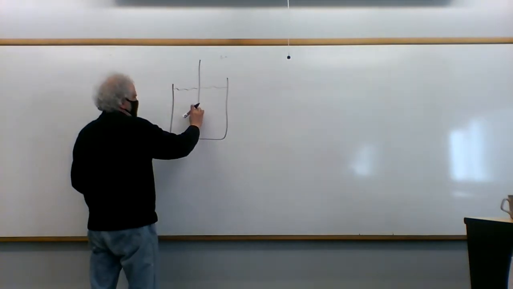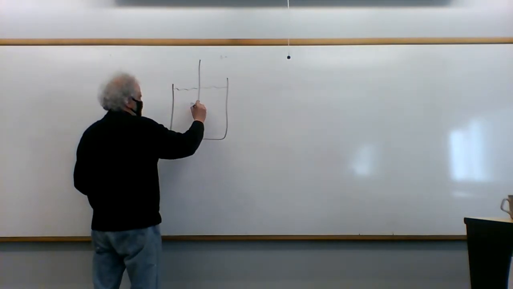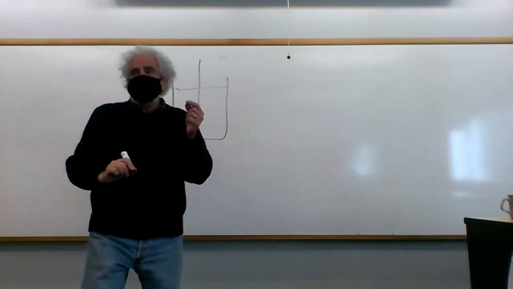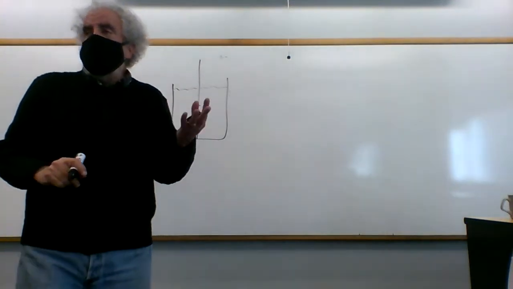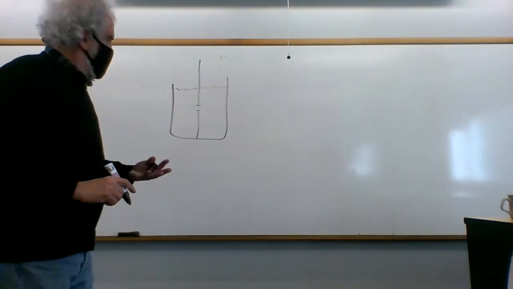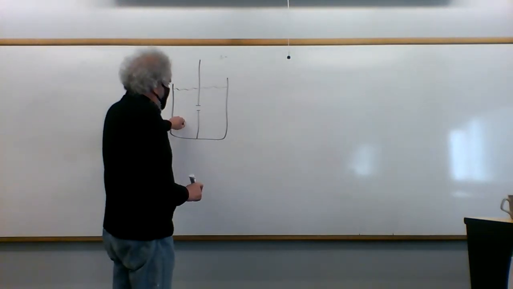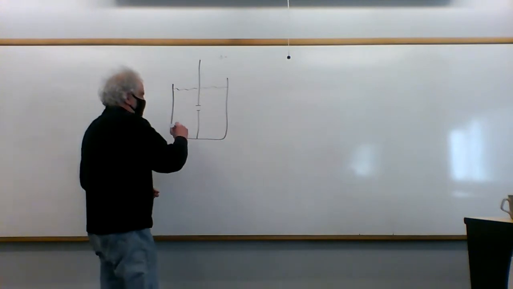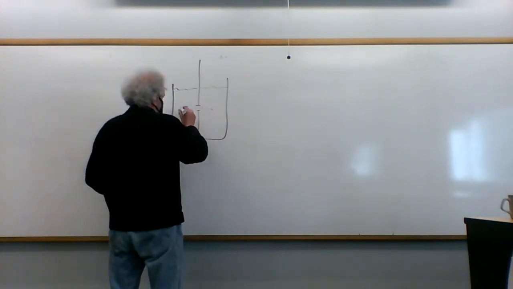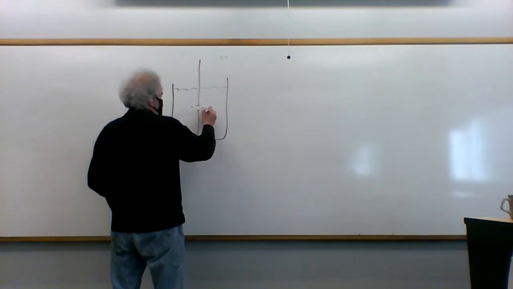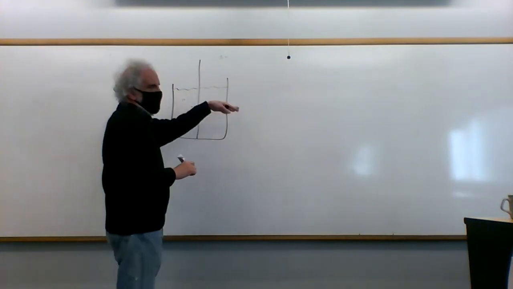You then drill a little hole right here. And what you can do is put in a glucose solution on one side and watch it diffuse. Over time, the glucose is diffusing from one side to the other.